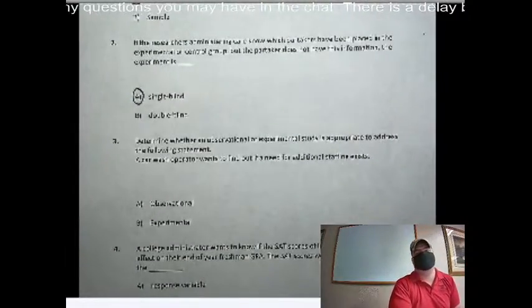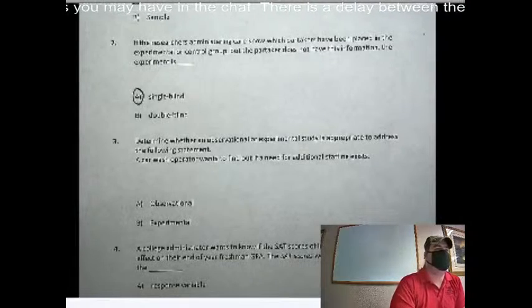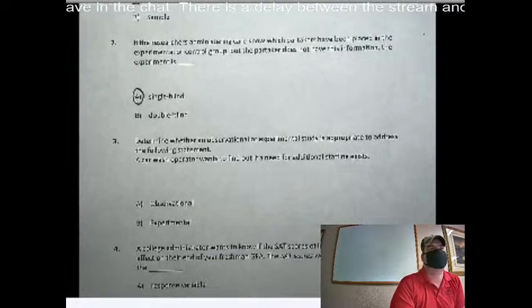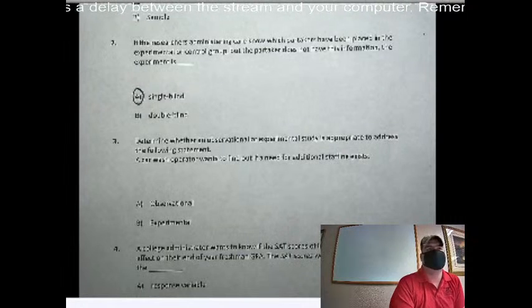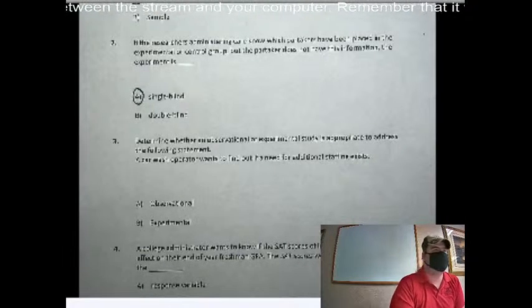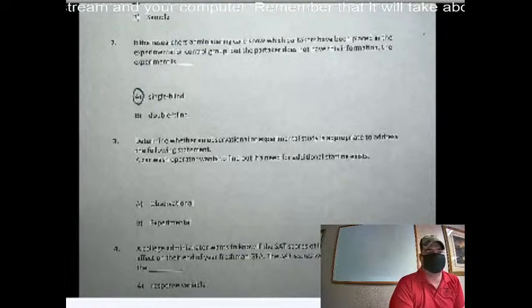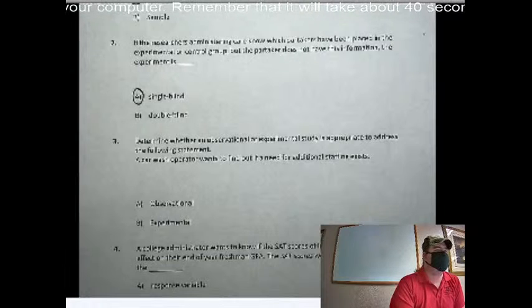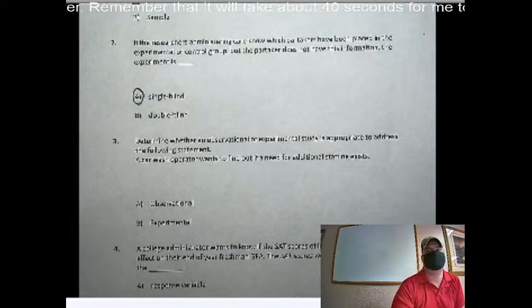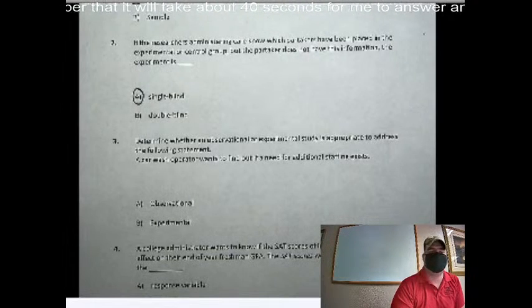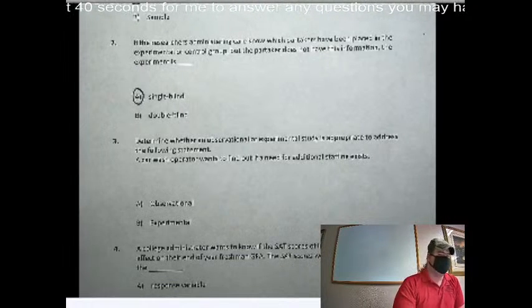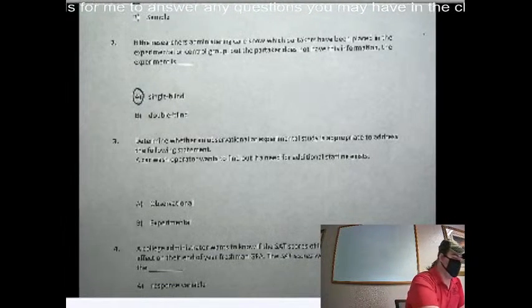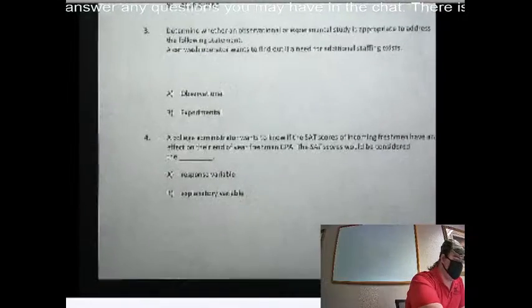So in a single blind study, the researchers know who's in what category, just the people in the study don't know what category they're in. In a double-blind study, the participants don't know what category they're in, and the researchers don't know either. Okay, good.